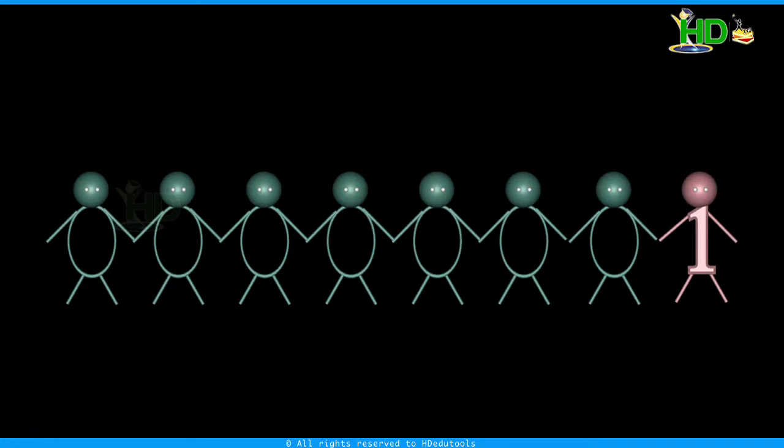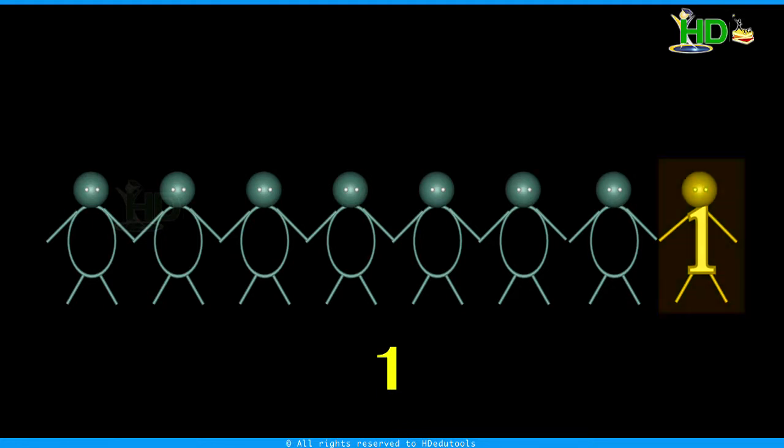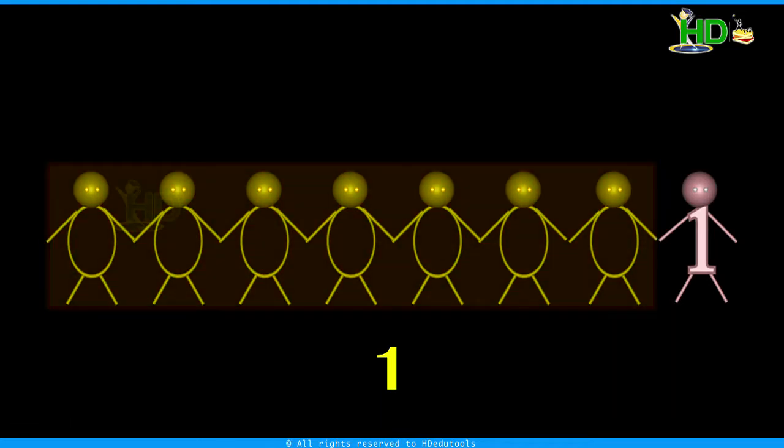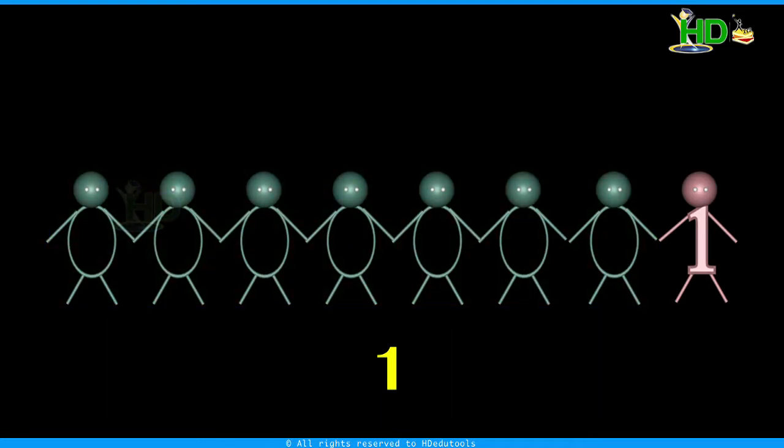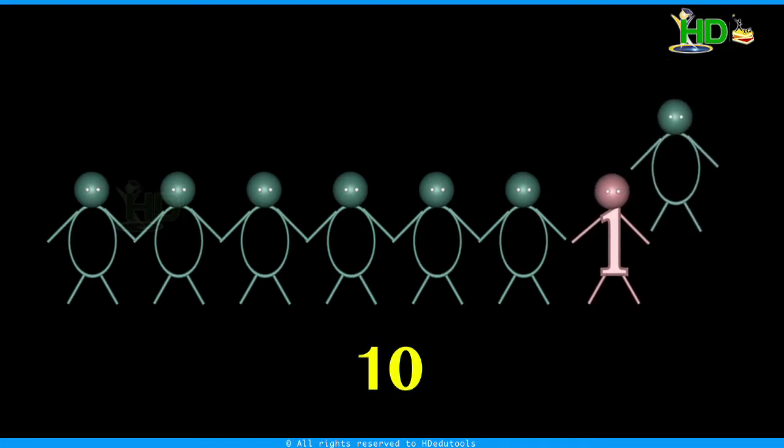See here, the number 1 is in 1's place, and all the zeros are on the left side of the number 1. So its value is nothing but 1. Now there is no value for zeros on the left side of the digit 1. Now if we see here, 1 is in 10's place.